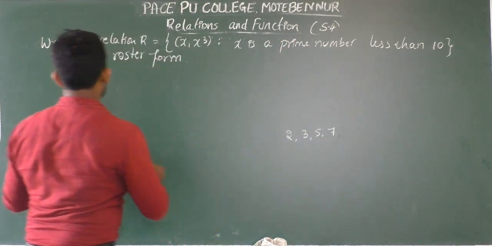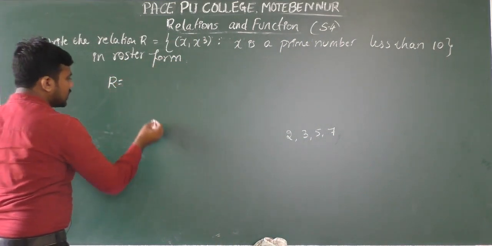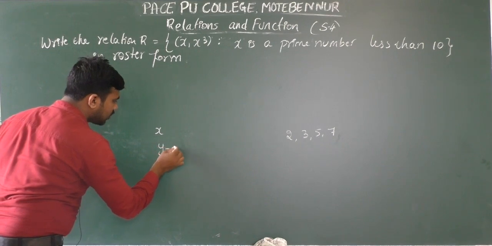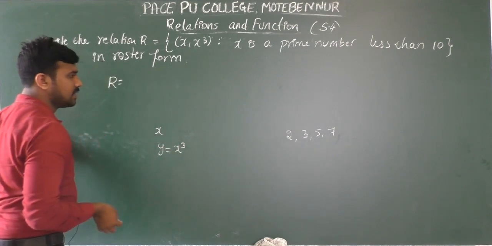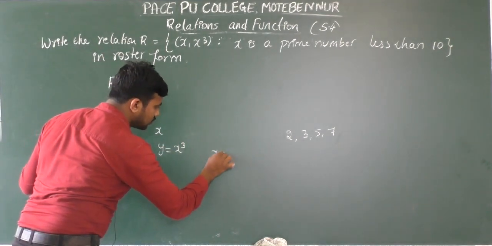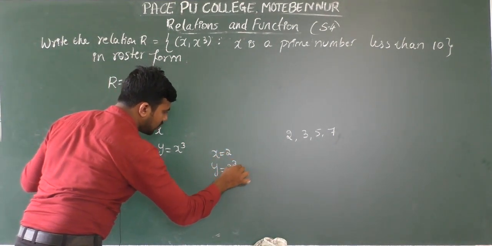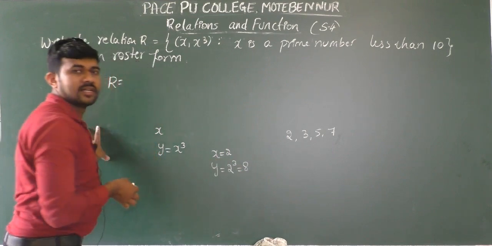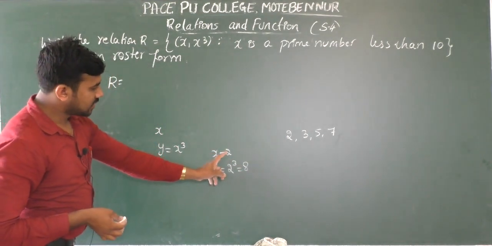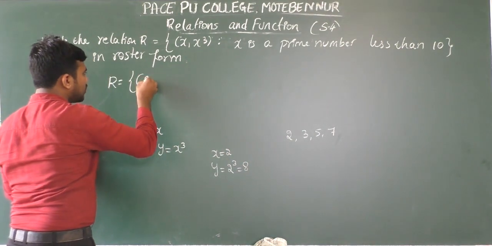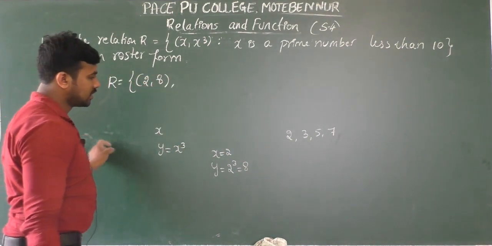Now, what is x cube? The first component is x, the second component is x cube. If you take x is equal to 2, then y is equal to 2 cube, that is 8. So 2 is related to 8. That is the first ordered pair you got.